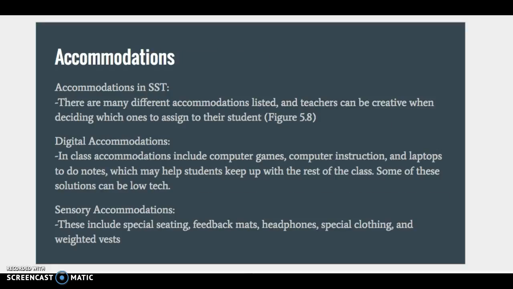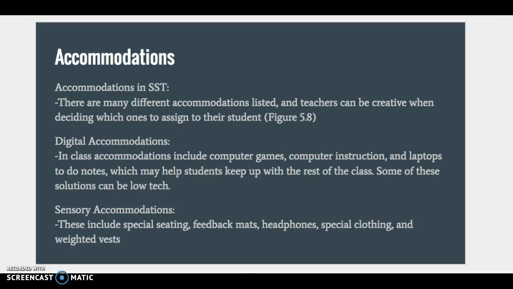And accommodations could be included in a study team. There are quite a few that are listed, and teachers can be creative when deciding which ones to assign to their student. You can see figure 5.8 in the book.